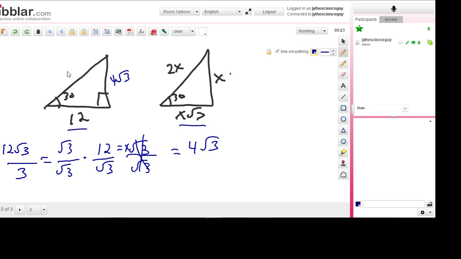What would that number be? 8 square root of 3. Okay. Remember, let's see if you can see the pattern. When this was 30, and this was 9, this was 3 root 3, and this was 6 root 3. Do you see a pattern there?